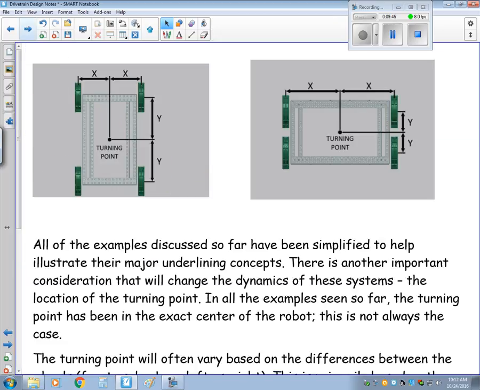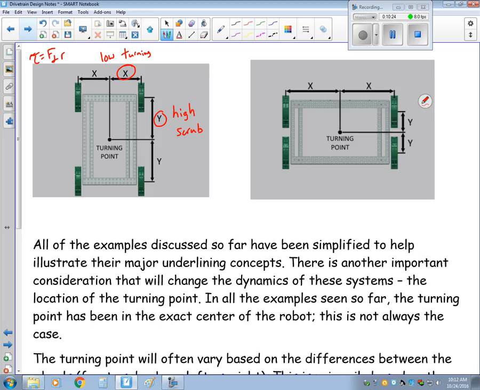Now let's say that all we had were high traction wheels. Well, if I built a robot that was narrow and wide, what I would notice is that since this value is small, I would have low turning torque. And since this value for y is high, I would have high scrub. And that just comes from the fact that torque is equal to a force that's perpendicular to a lever arm distance.